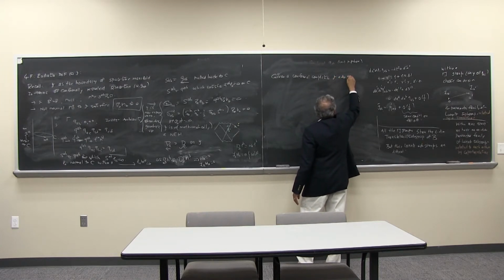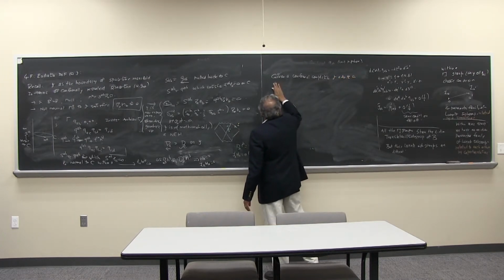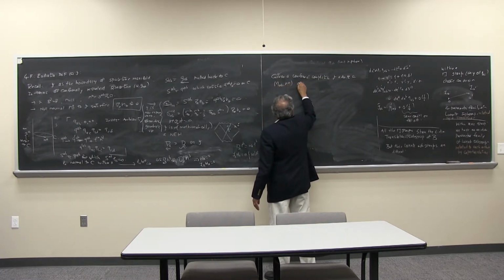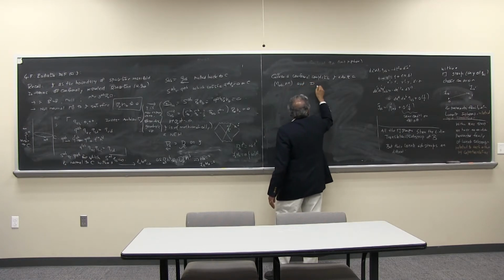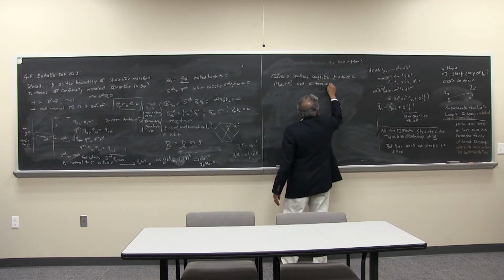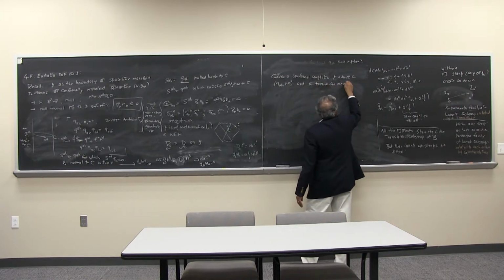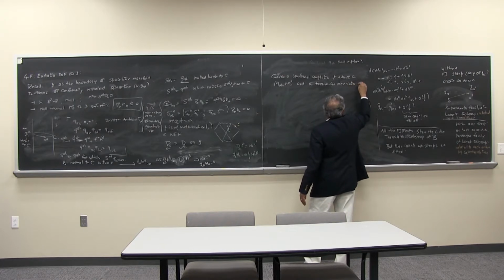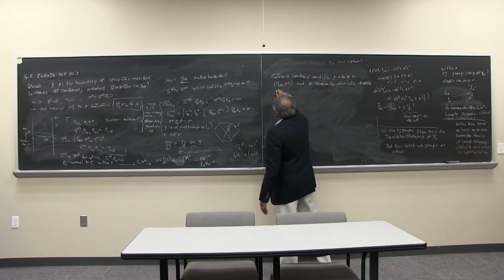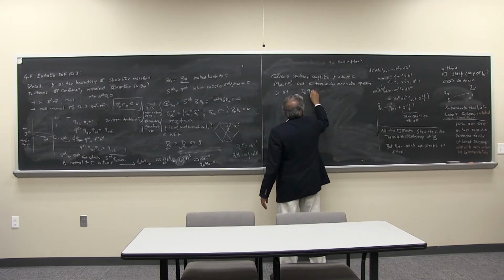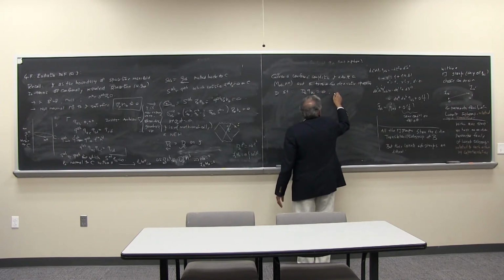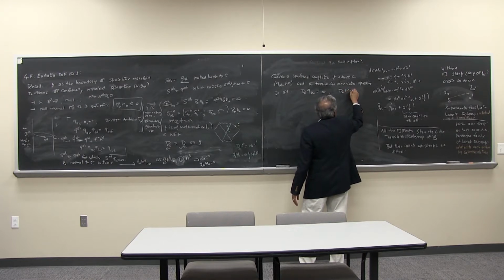scri admits not only q_AB and L^A, and a derivative operator D. So it's a torsion-free derivative operator, such that D_A q_BC is equal to 0 and D_A L^B equal to 0.